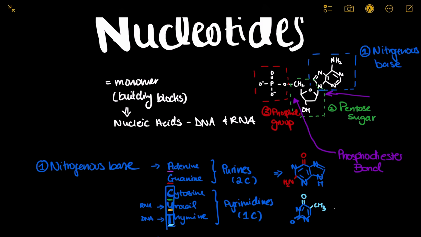And this bond is called a glycosidic bond, or also an N-glycosidic bond because of the nitrogen. And both of these bonds are covalent bonds.